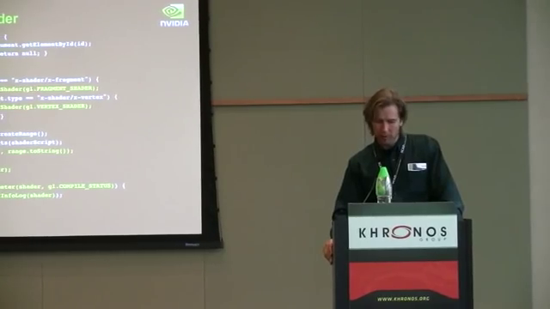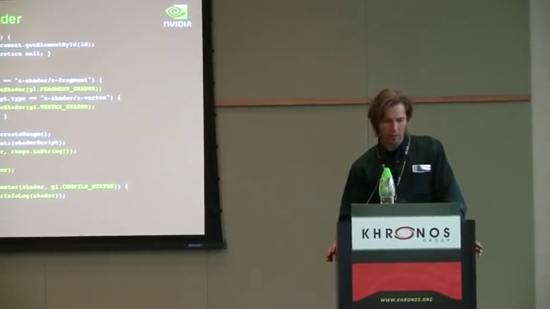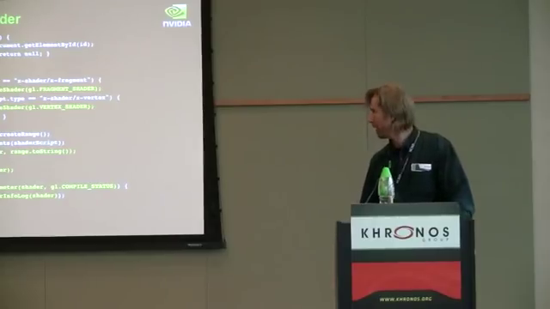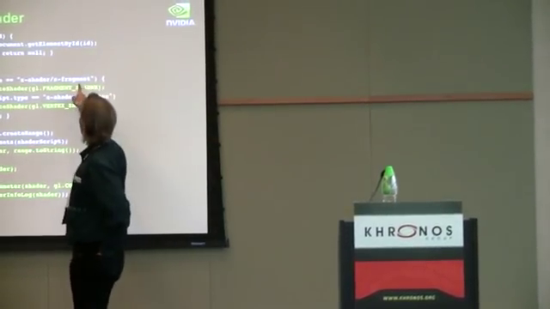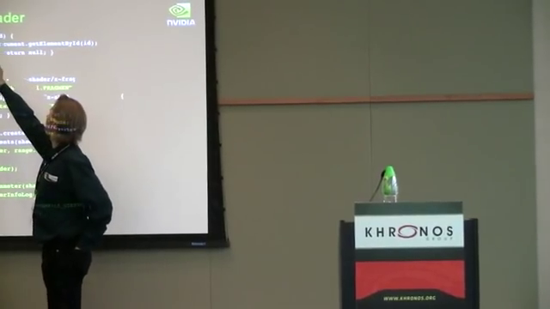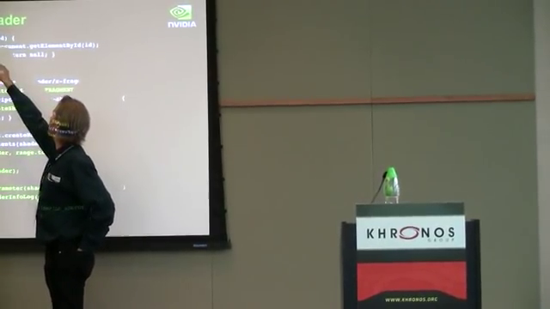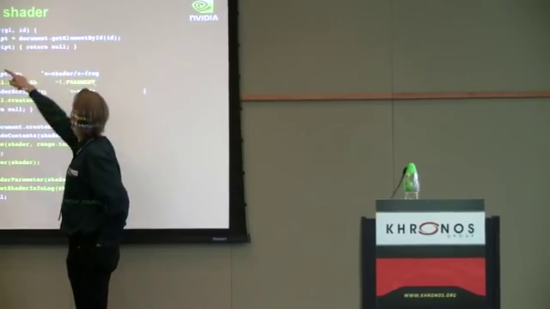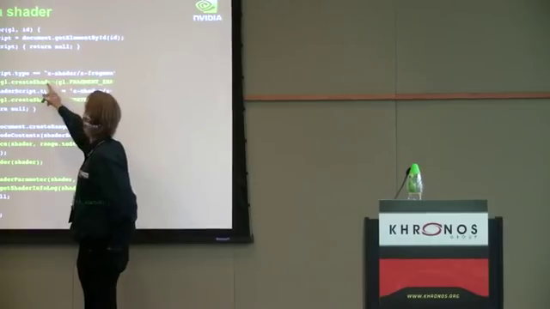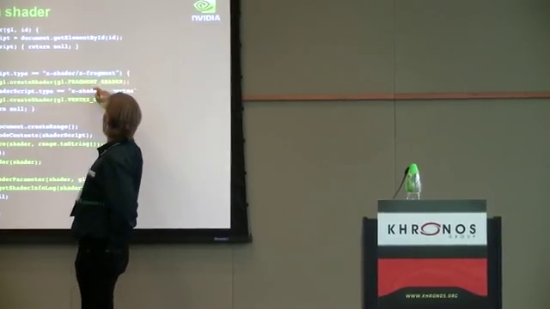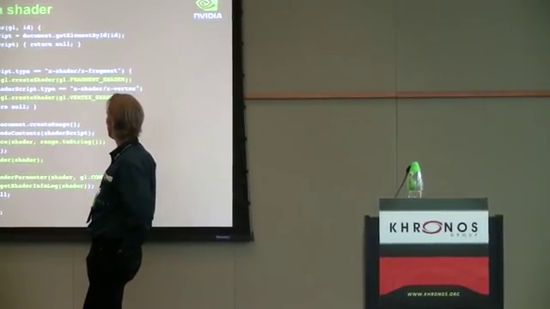This is one of the utility functions in the same file. We named it getShader. What it does is pass this ID, which is the name of the shader, and with that name we fetch it, and then we figure out which type it is, and then we create either a fragment or a vertex shader.